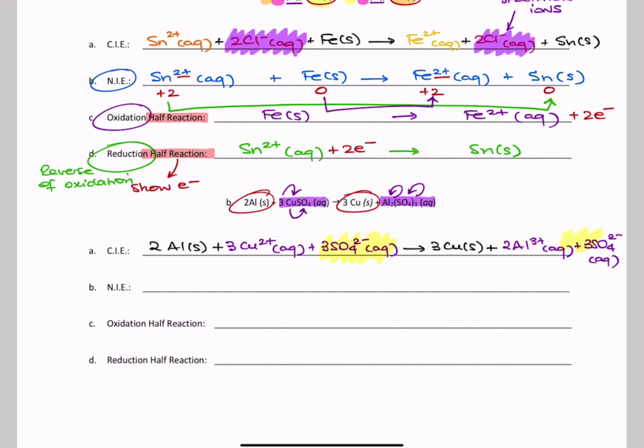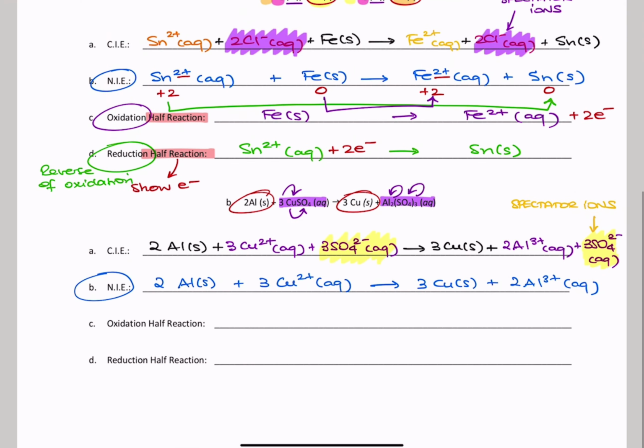In this case, the spectator ions are the sulfate ions, since they are the same on each side of the equation. We're going to remove them to write the net ionic equation, and we are left with 2 Al solid plus 3 Cu2+ gives 3 Cu solid plus 2 Al3+.